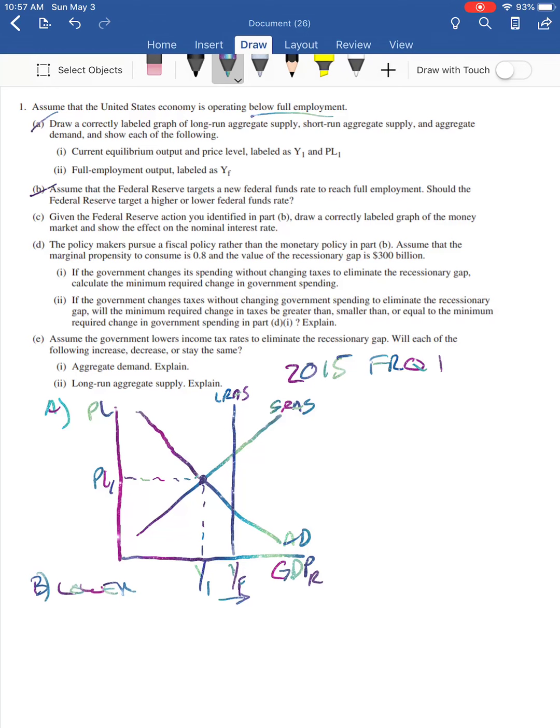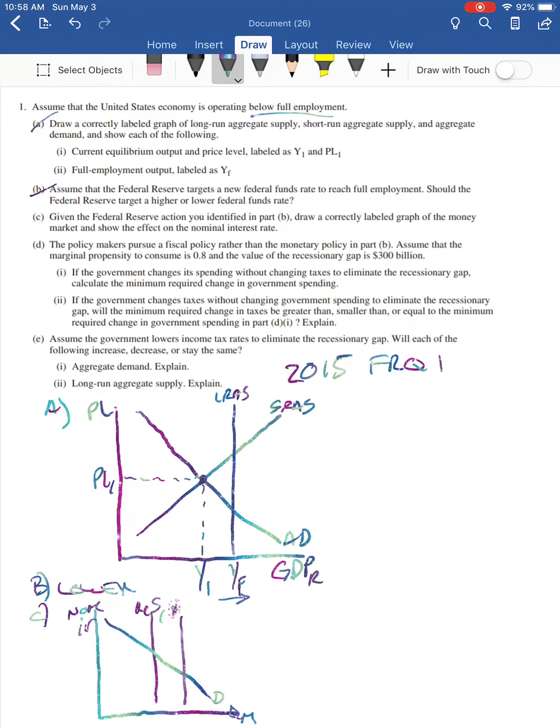And letter C, given the Federal Reserve action identified in Part B, draw clearly the graph of the money market and show the effect on the nominal interest rate. Okay, so we're just going to draw the money market graph here. The money supply graph. And so we'll have nominal interest rates and quantity of money. And then we'll have a vertical money supply to begin and a downward sloping money demand curve.